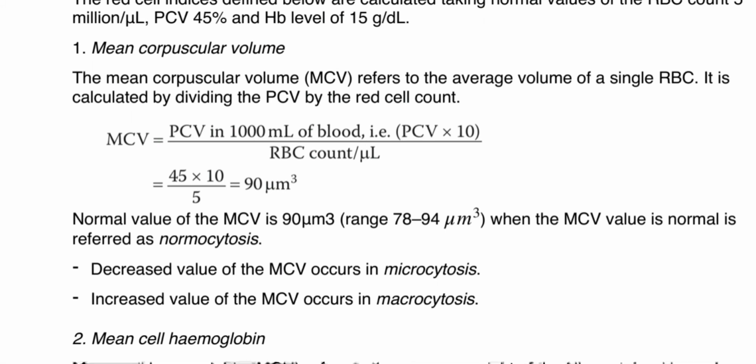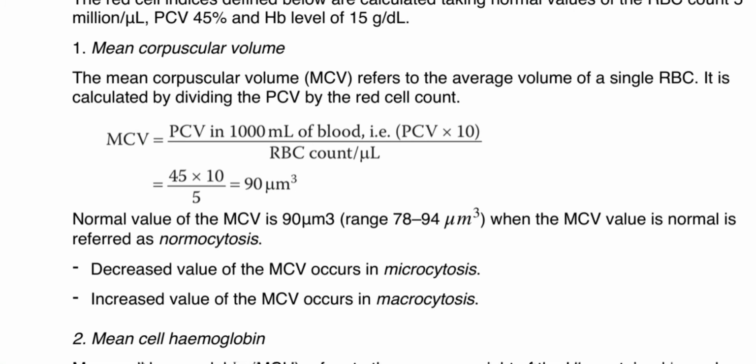So PCV in 1000 ml of blood, that is PCV into 10 by RBC count per microliter. We have to count the RBC count and it is 5 million per microliter, as we have seen. The normal value is 5 million per microliter, and so it is 45 into 10 because PCV is 45%.